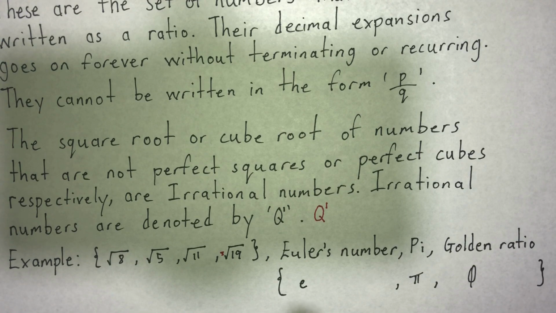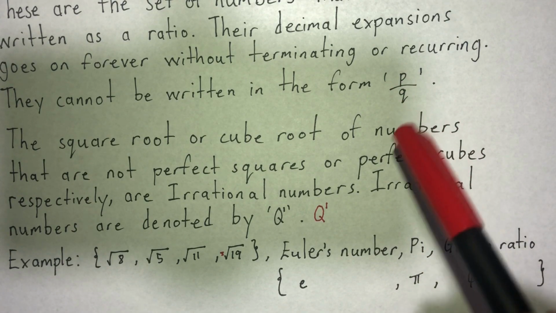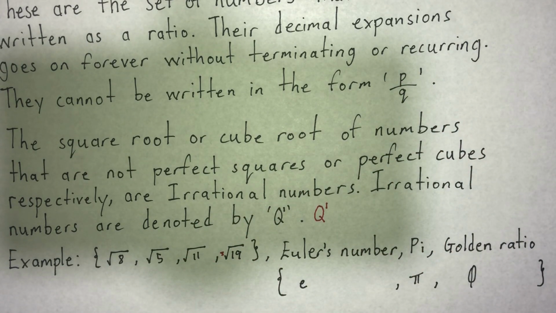The square root of 25 is 5. 5 multiplied by 5 is 25. And the digit 5 can be written as 5 over 1. It can be written in the form P over Q. Therefore, it is a rational number.